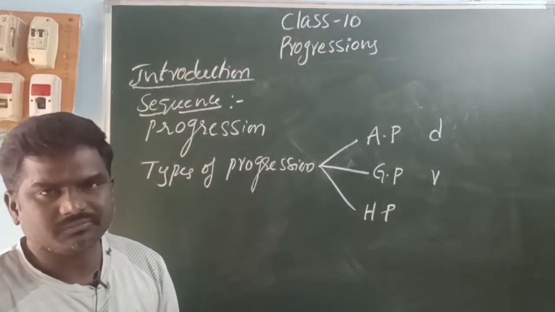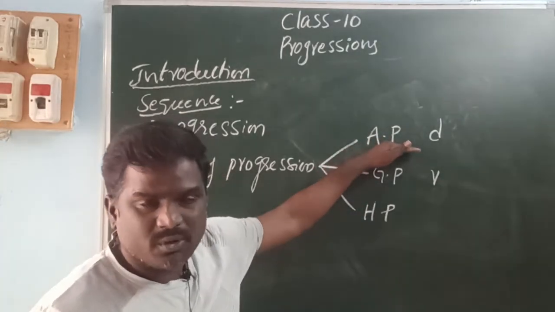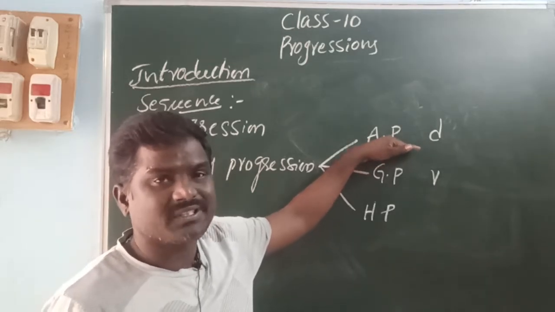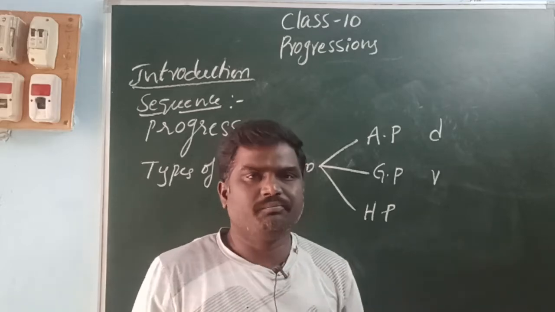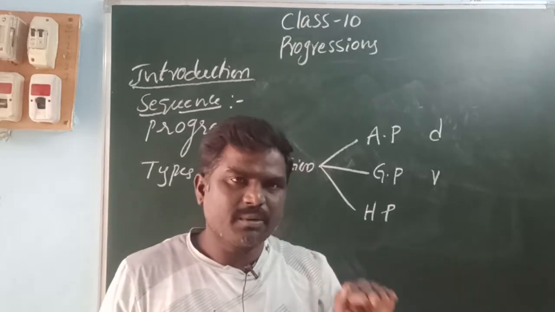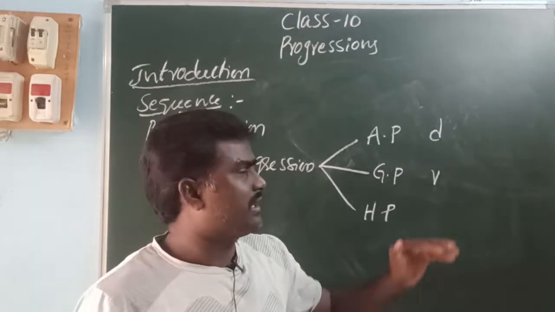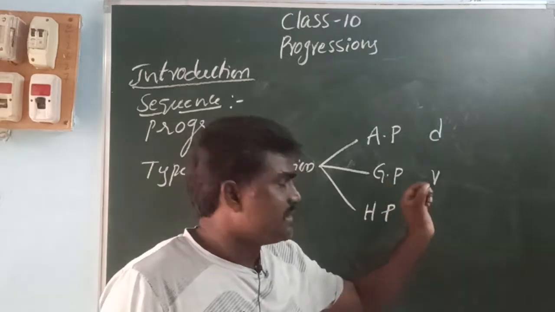R. Arithmetic progression means a progression in which the difference between any two consecutive terms is the same. In a progression, the common difference is the same; a progression with the same common difference is called an arithmetic progression. Common difference means the difference between any two consecutive terms is constant.